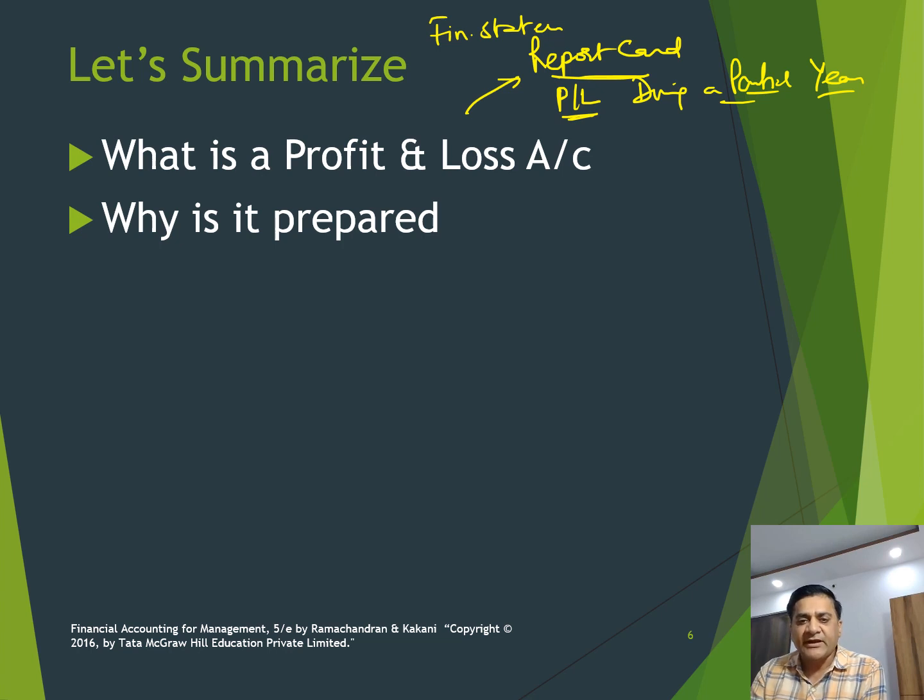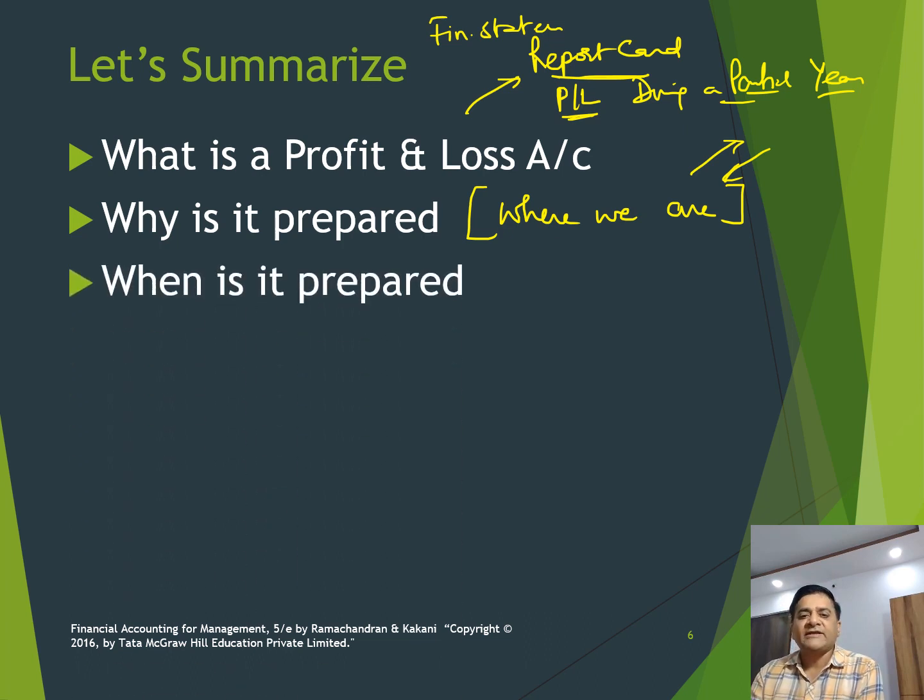It is prepared in order to find out where we are in terms of growth or profitability. Are we moving ahead or are we going backwards? This is the reason why the report card is prepared. When is it prepared?